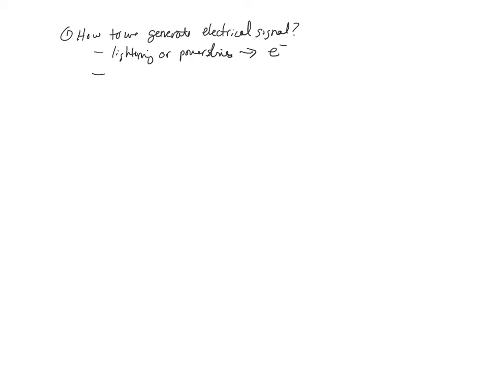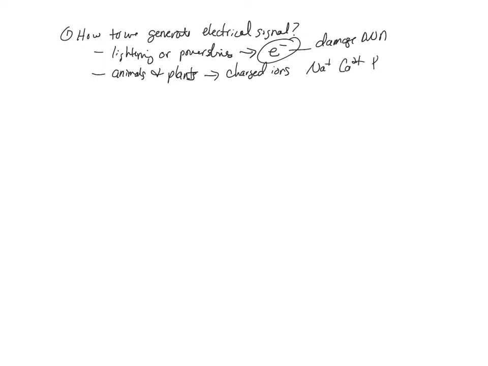But in animals and plants, free electrons damage DNA, so you don't want to use that. So instead, we're going to use charged ions. Some examples are sodium, calcium, potassium, chloride ions. All of those have a charge to them.